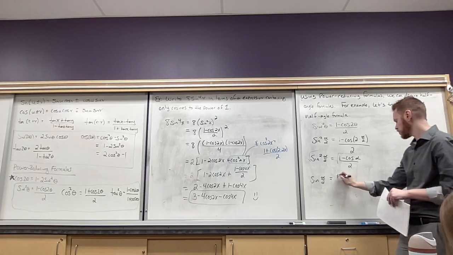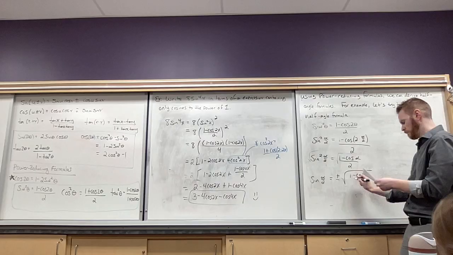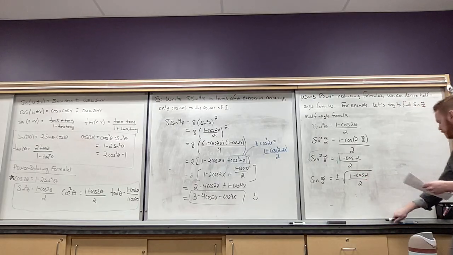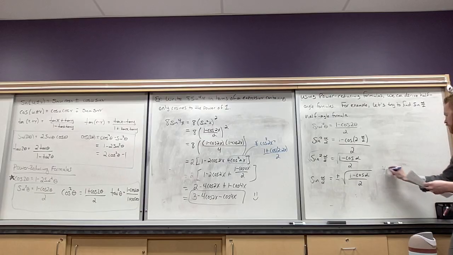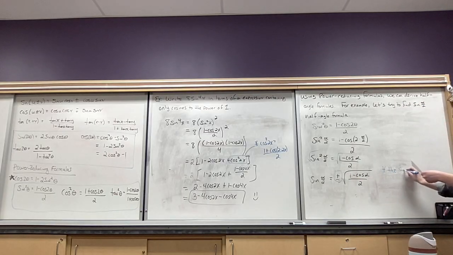Now, because there's a square root, there is a plus or minus there. But we got to be careful in something, okay? I'm going to put this in blue. And I'm going to circle that in blue. The sign will depend on the quadrant theta over 2 is in.